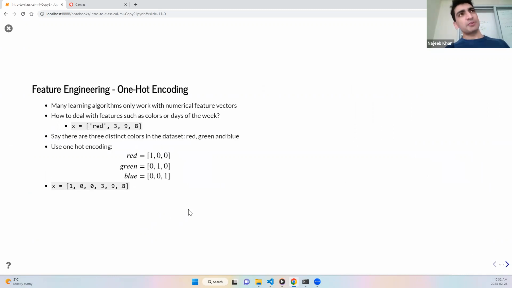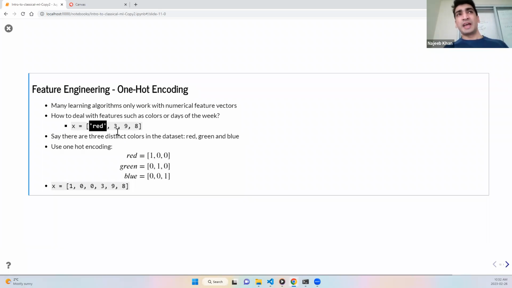There are different types of features. The learning algorithms basically work with numerical feature vectors, but how about features such as colors or days of the week? If you have, let's say, color, and then some other blood-related numerical features, how do you represent this string as a numerical value?